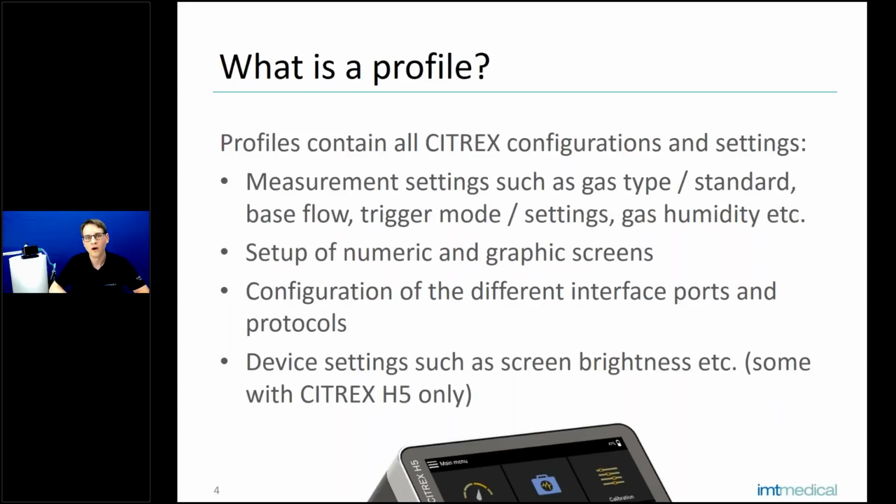Then also all the configurations of the different interfaces, such as the RS-232 interface or the analog out input interface, are saved in our profiles. And last but not least, also some device settings, such as screen brightness.